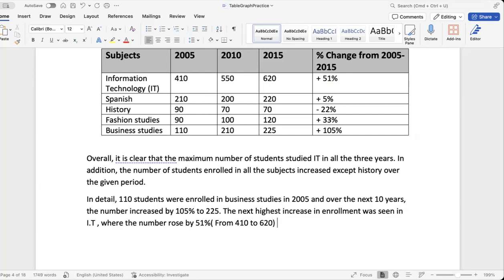Over the 10 years I've written there, so I'll not repeat it. Is it clear? Okay, then you come to fashion studies, and then you give the data in fashion studies.